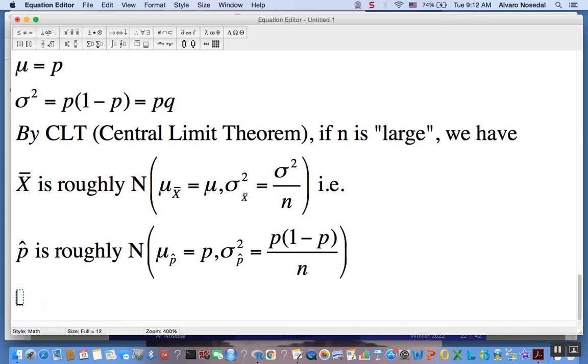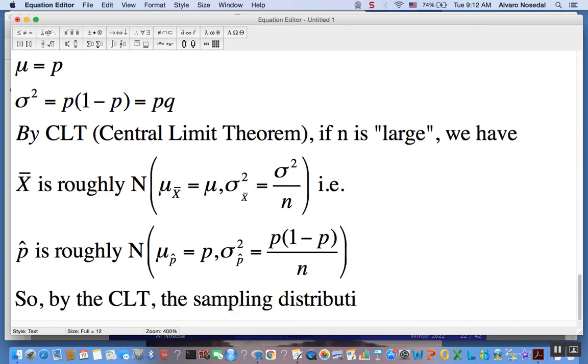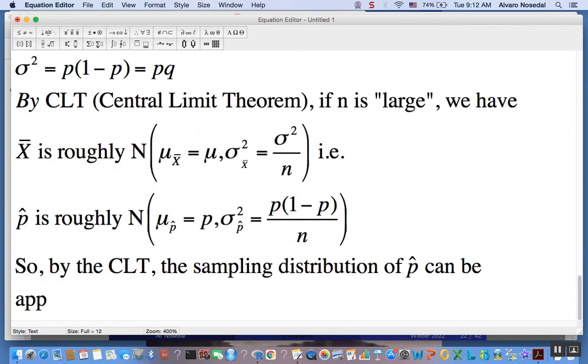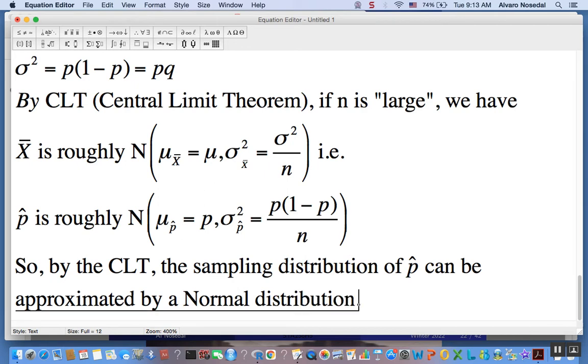So by the central limit theorem, the sampling distribution, meaning the probability distribution of p hat, can be approximated by a normal distribution. Make sense?